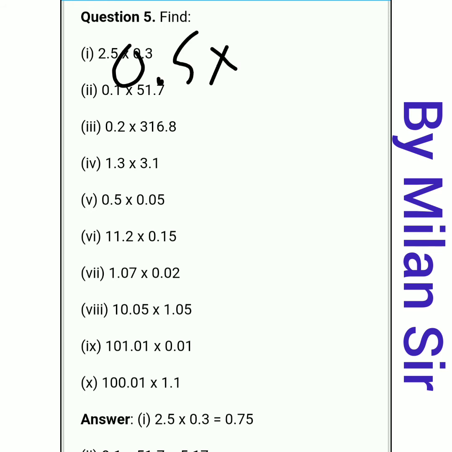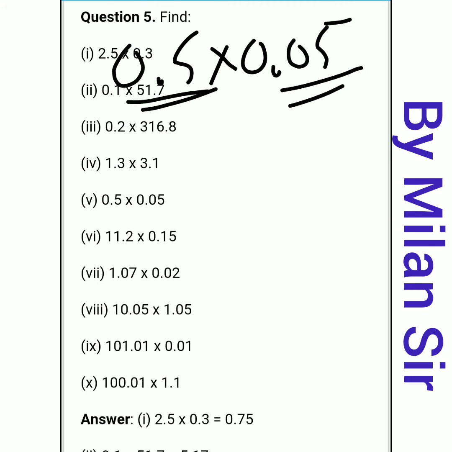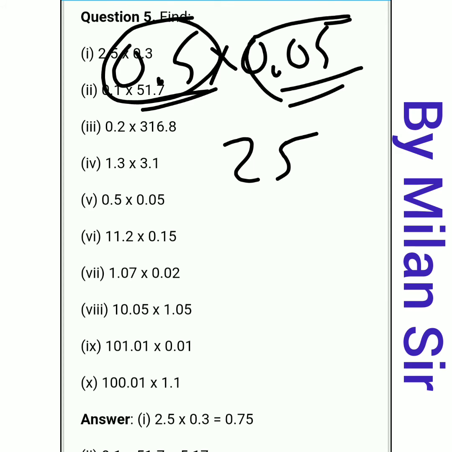Again, 0.5 multiply 0.05. First of all we need to ignore the decimal point and multiply this. 5 multiply 5, it is 25. Now here we have one digit after the decimal point, and here we have two digits after the decimal point.